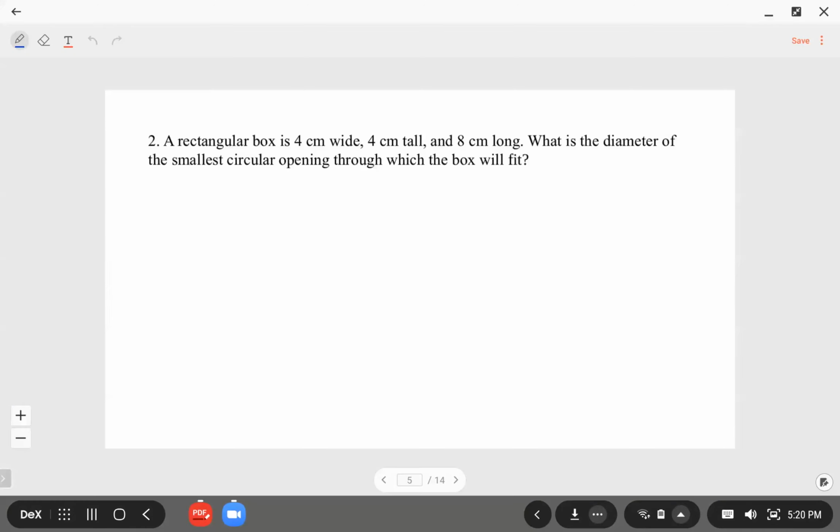Okay. Both are wrong, I think. Let me show you how to do this one. A rectangular box, right? You need to draw the rectangular box first.